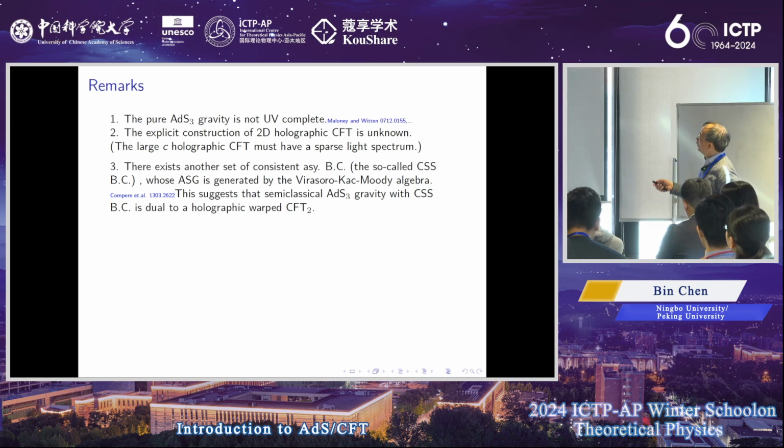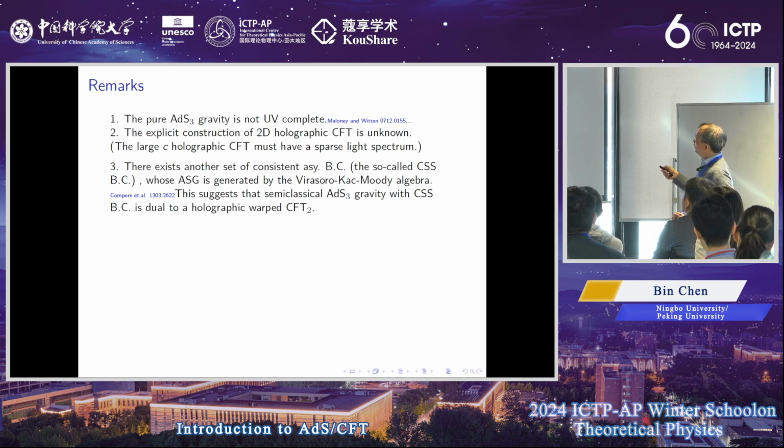For the Virasoro algebra, its global symmetry is SL(2,R). But for the Virasoro-Kac-Moody algebra, its global symmetry is SL(2,R) times U(1). So it's a less symmetric algebra. This suggests that the semi-classical AdS gravity with this CSS boundary condition is dual to a holographic warped CFT.